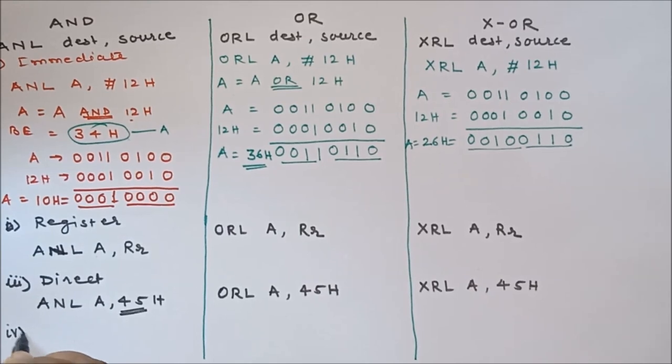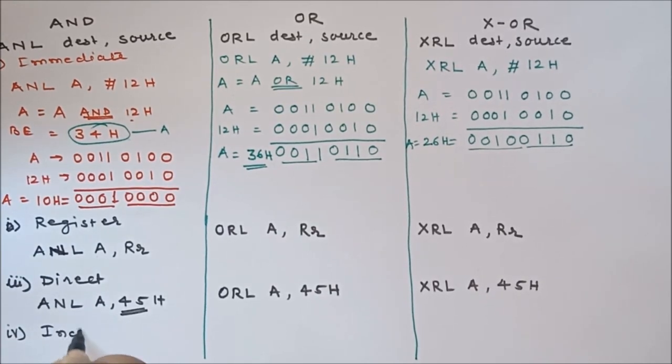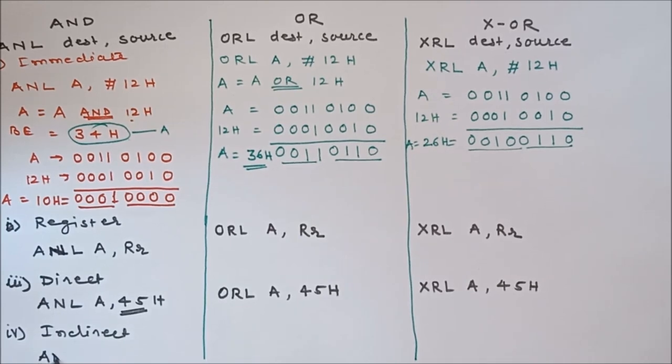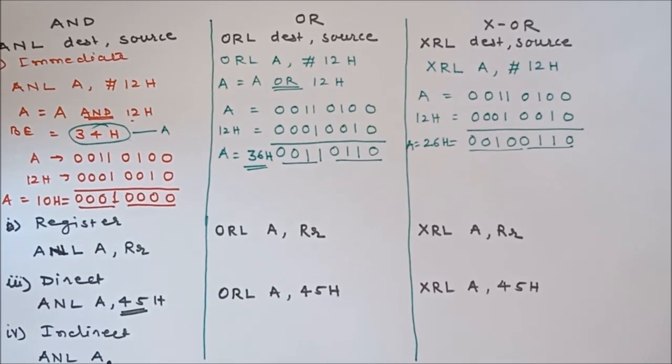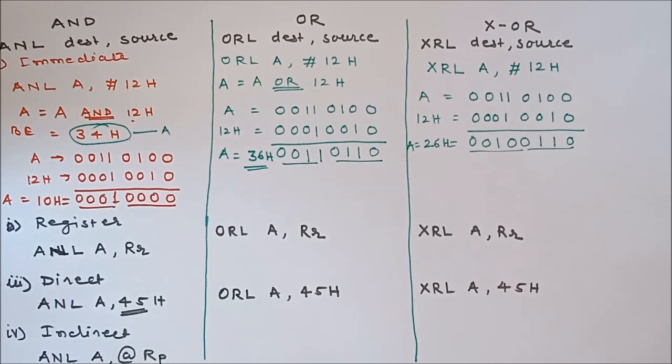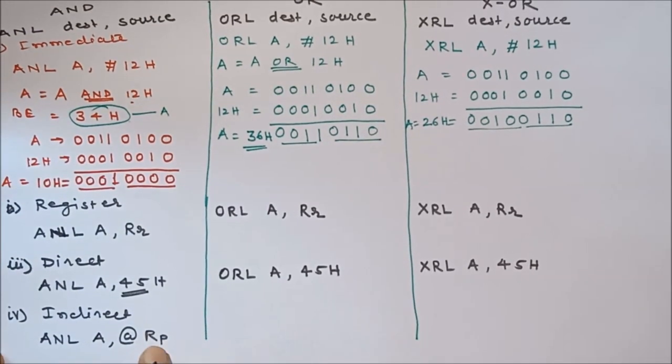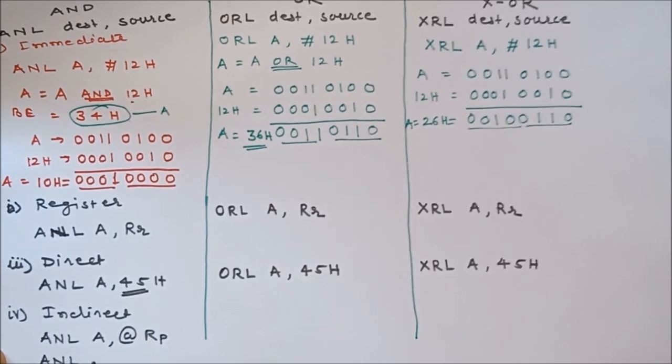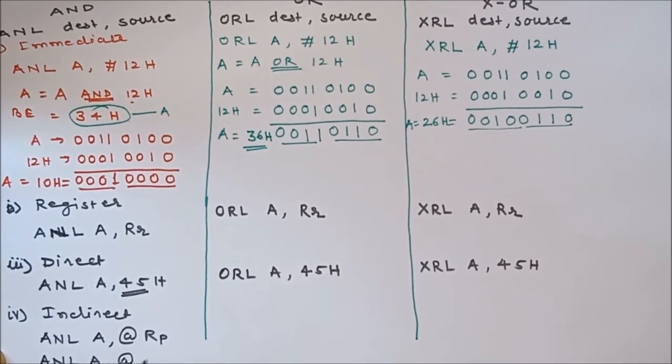The fourth is indirect addressing mode. In indirect addressing mode, we write A comma at Rp, where Rp means any register; R0 or R1 can be used as a pointer register. For example, for the AND operation we write ANL A comma at R0.